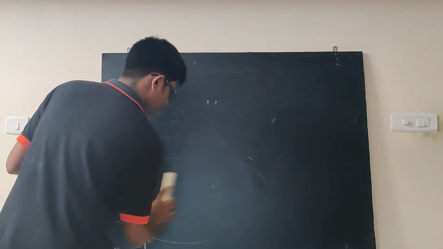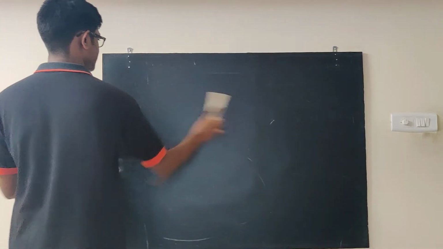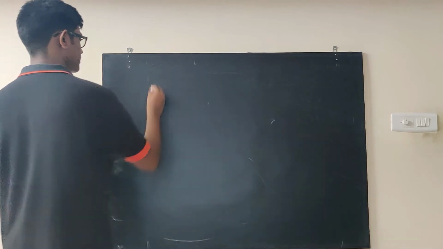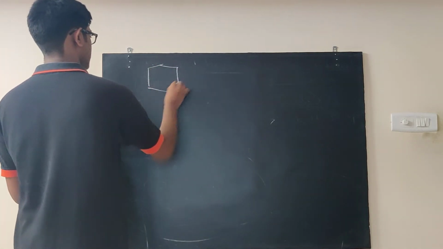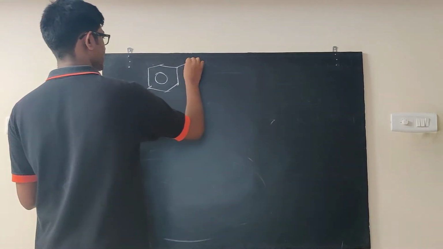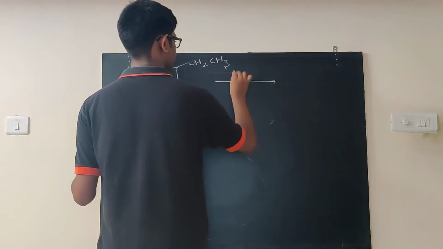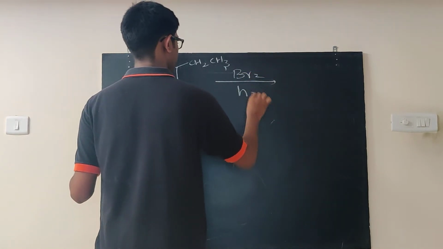The second question was something we discussed in the lecture, right? We said, if I'm not wrong, this is the question. You have a benzene ring now with an NO2 group and CH2CH3, and you've got bromine in H nu.